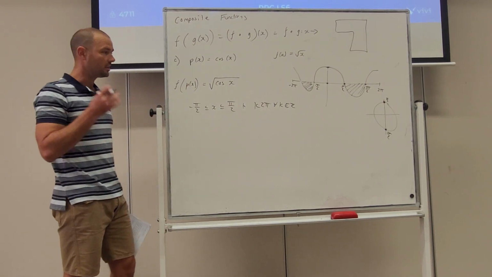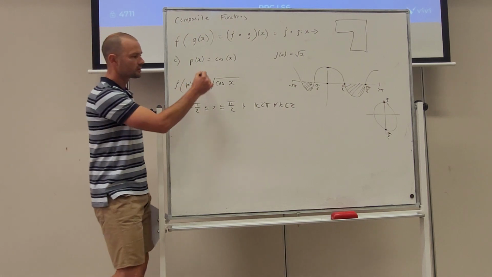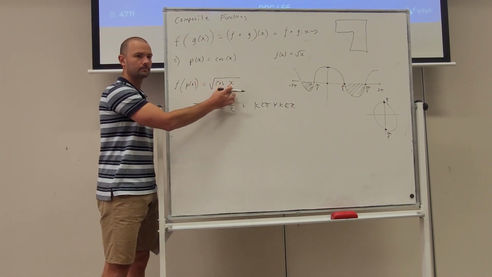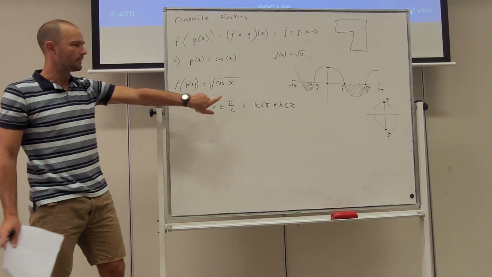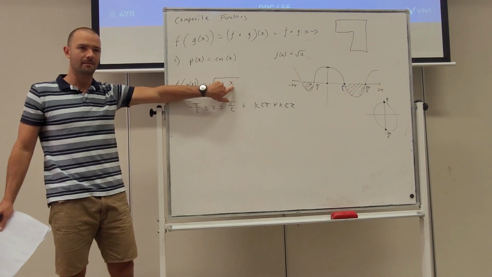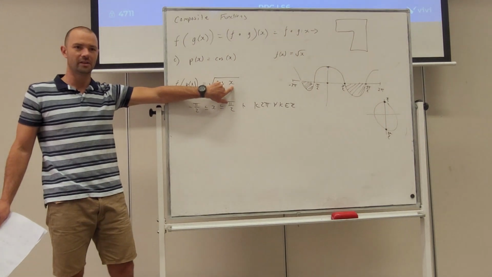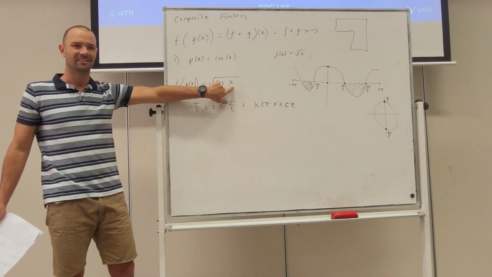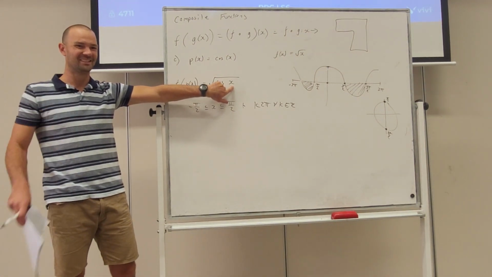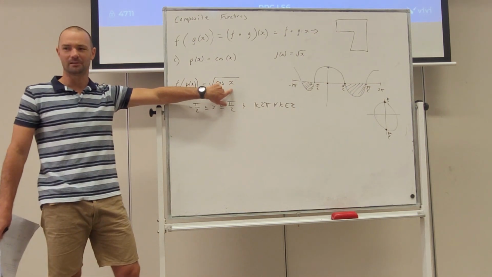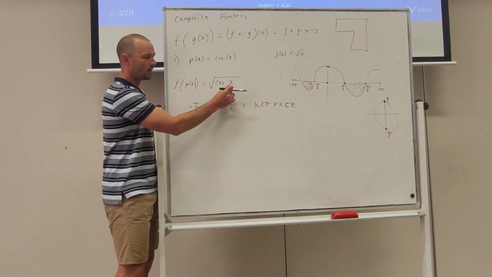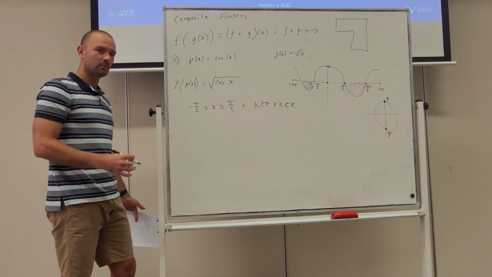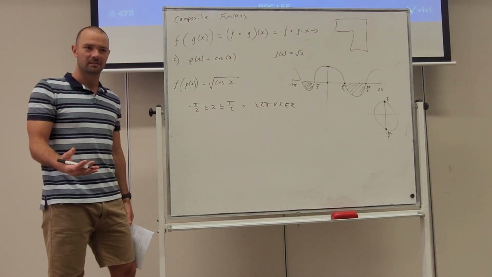How about the range then? The range of the square root of cos of x. Range is talking about what the possible values of y are. What's the smallest non-negative value that cos could take? 0. Cos can be 0, and the square root of 0 would be 0.